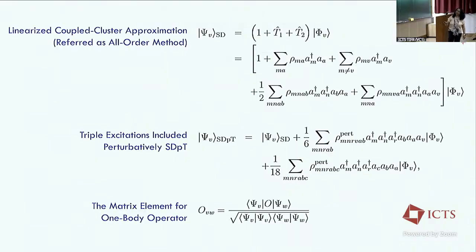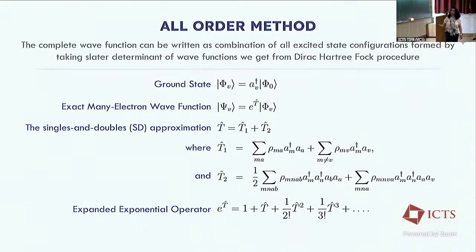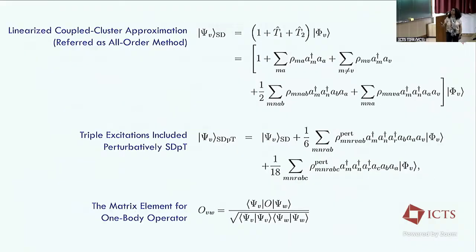We are using a linearized version, which means that in the expansion of this exponential, we are only using the linear terms. And once we have these wave functions, we can calculate matrix elements. We can also sometimes calculate the contribution of triples perturbatively. And mostly these calculations are done so that we can give an error bar estimate in our results.